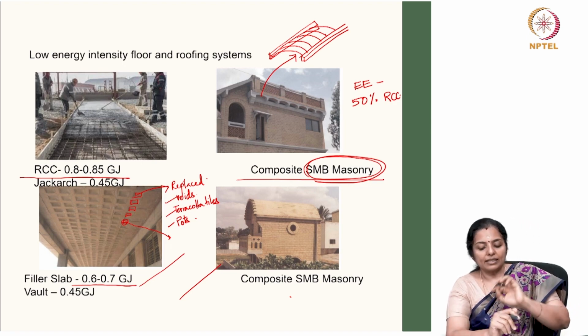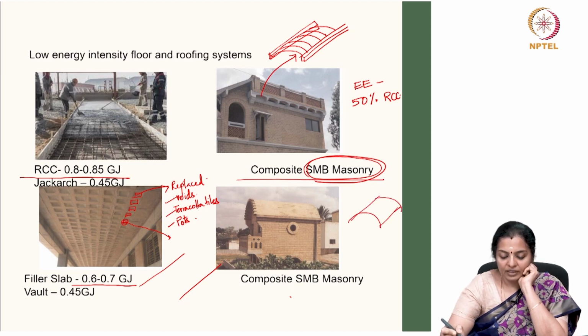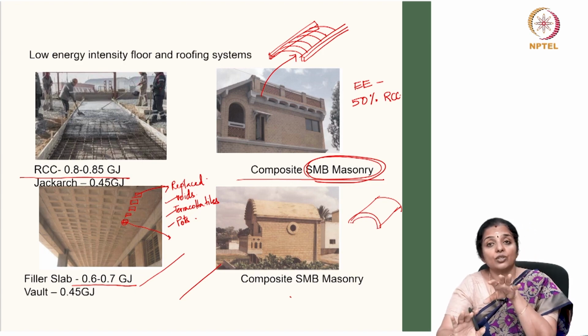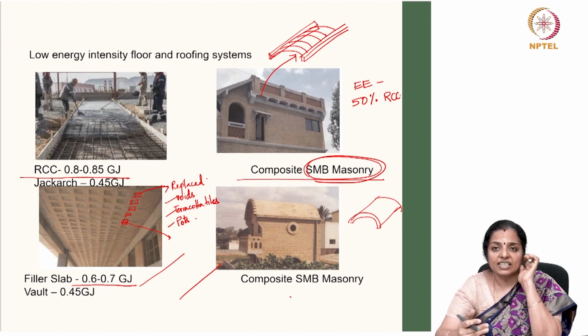Whereas if you look at composite stabilized mud block masonry vaults, what happens? There is no reinforcement. It is just stabilized brick masonry. And this is actually a very old technique. These vault and dome constructions are very old techniques, and that too using unreinforced masonry. It is due to the advent of steel and RCC that these techniques were abandoned during the British period. They are very aesthetically pleasant, beautiful, cost effective, durable, and they show savings in energy.